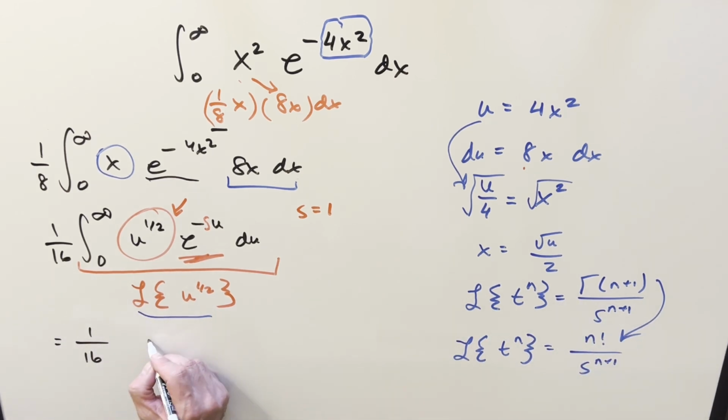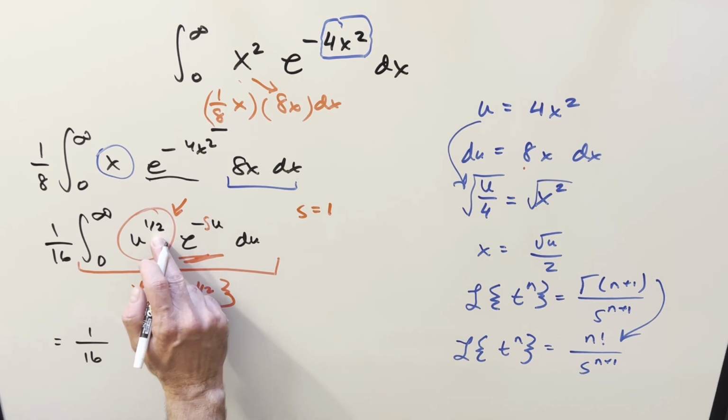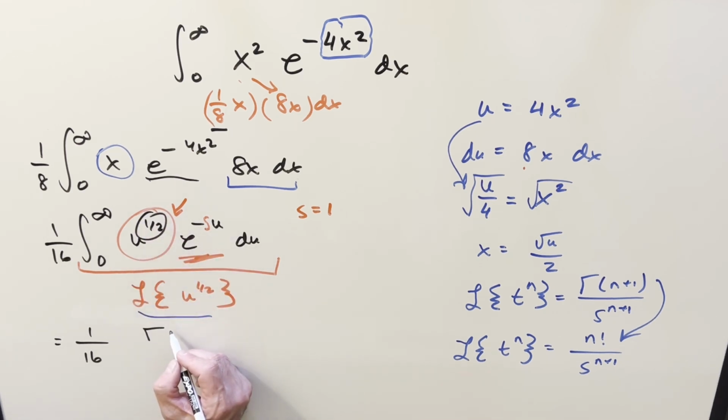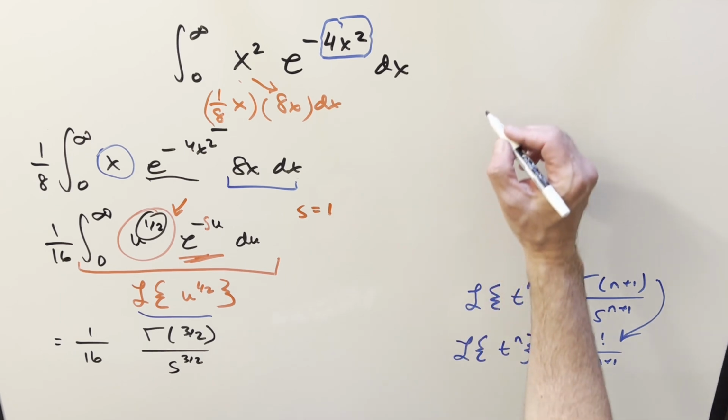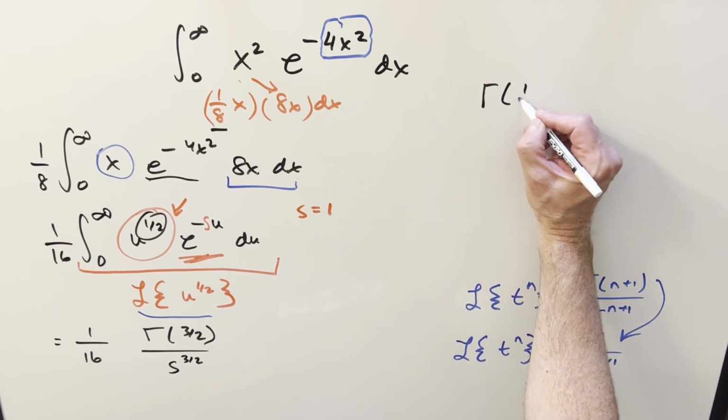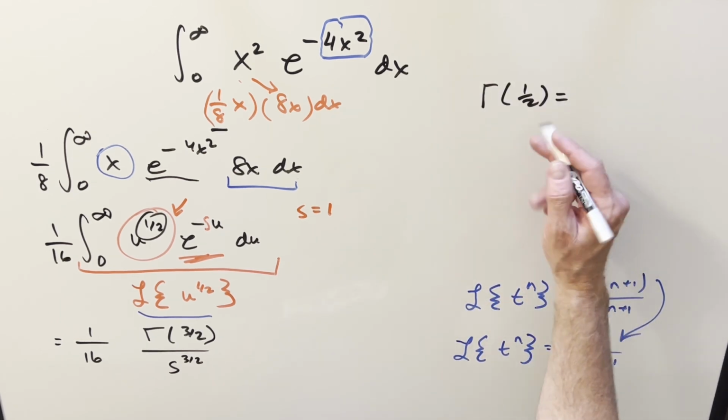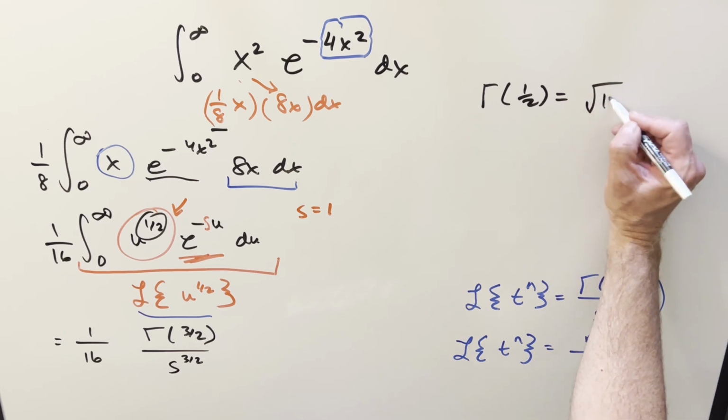Then we're going to have gamma of n plus 1. So our n is going to be 1/2 here, so it's going to be gamma of 3/2 over s to the 3/2. Now for gamma 3/2, let's try to get this into a numeric form. It's good to remember one value. Gamma of 1/2 is going to be the same thing as square root of pi.